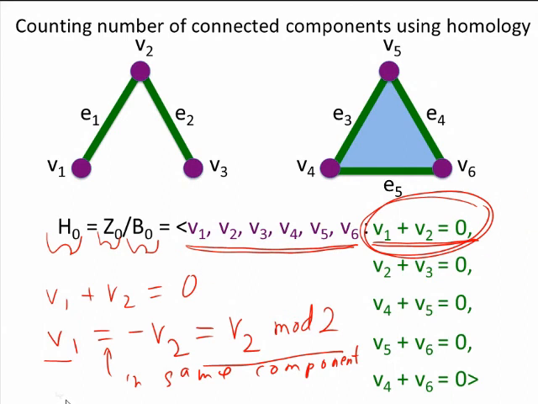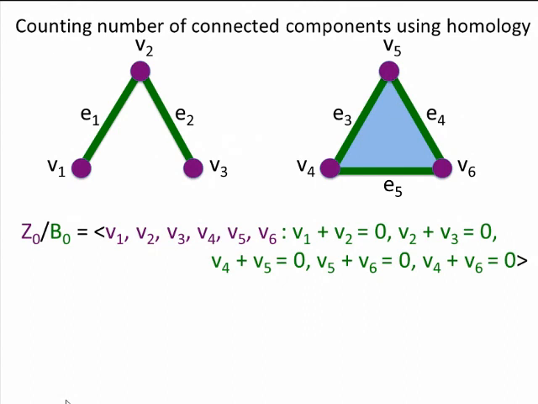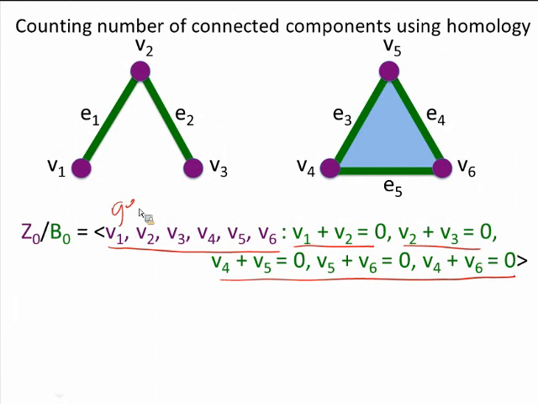In our computer, we can go ahead and put in our list of vertices. We can put in our relations. So these right here, our vertices, are our generators. And here are our relators. And we can use this relationship to say that V1 and V2 are in the same component.